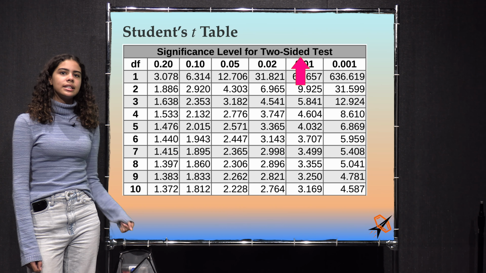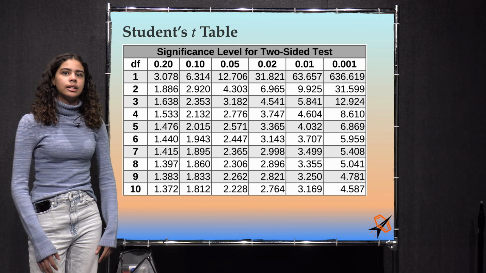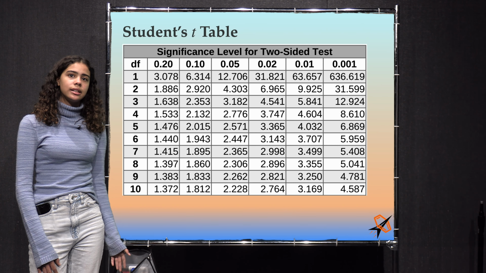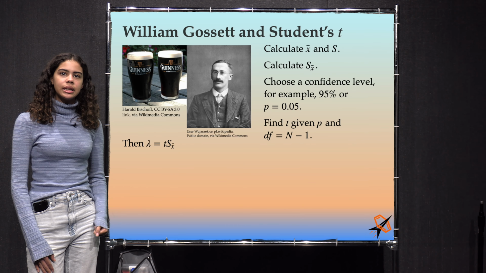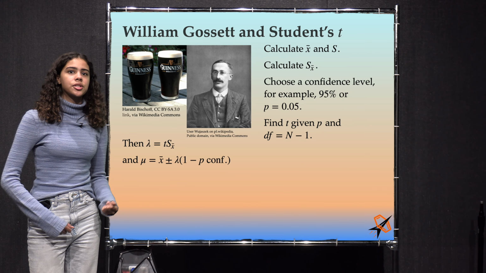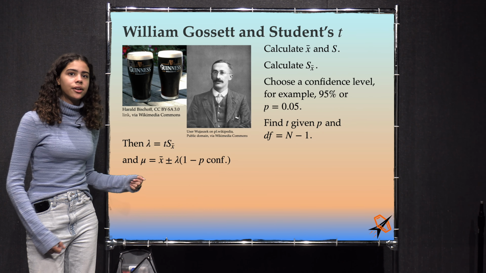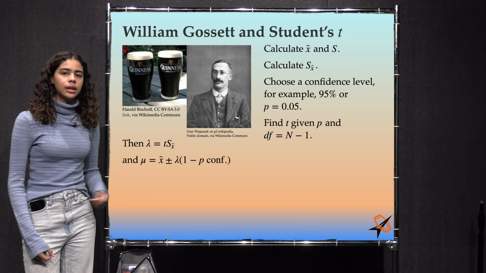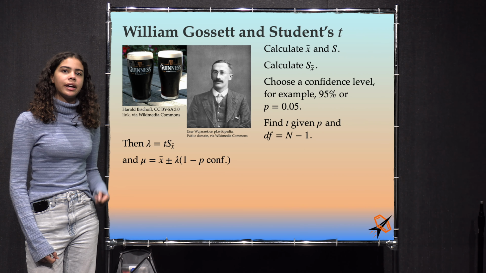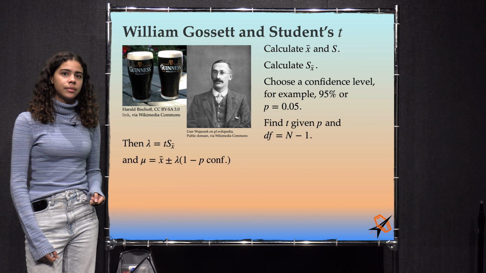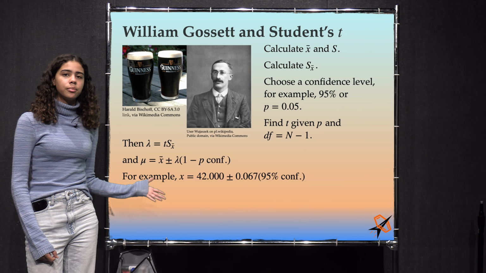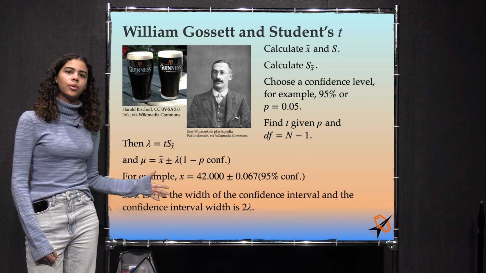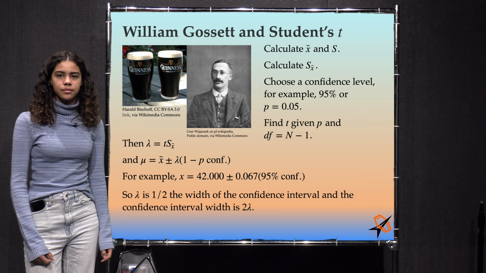We use the two-sided table, the most common case, if the true mean could be on either side, and look up the value of t. Our measurement is then reported as the mean plus or minus t times the standard error with your confidence level given. You can linearly interpolate in the table if necessary. For example, x bar is 42.000 plus or minus 0.67 with 95% confidence.